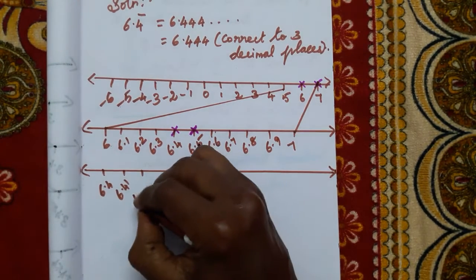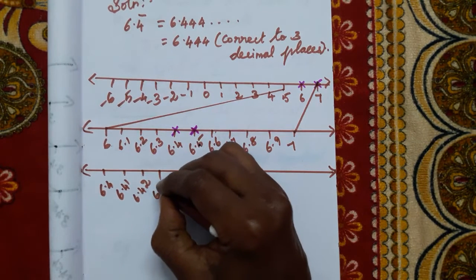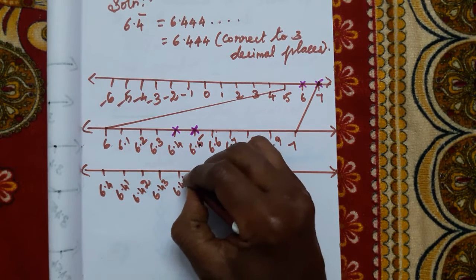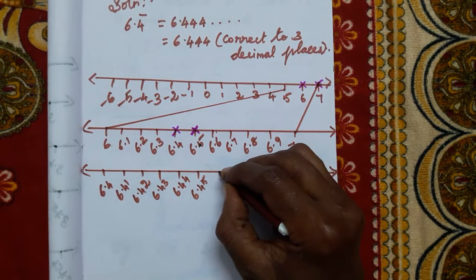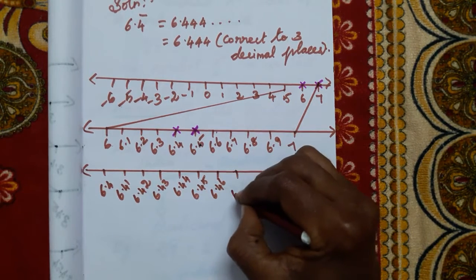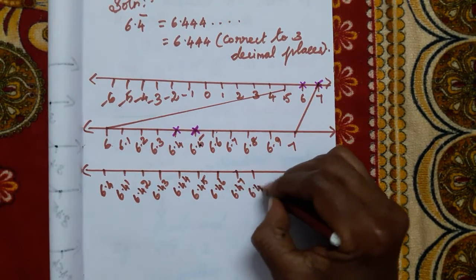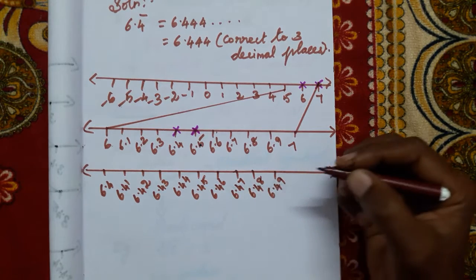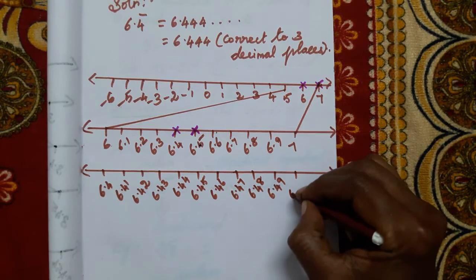6.42. Next 6.43. Next 6.44. Next 6.45. Next 6.46. Next 6.47. Next 6.48. 6.49. 6.49 after 6.5. Very good.